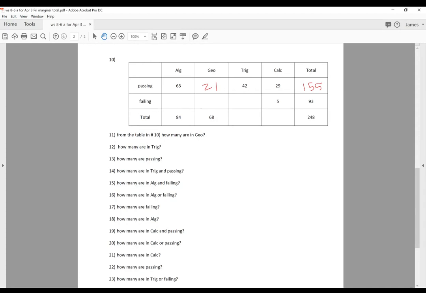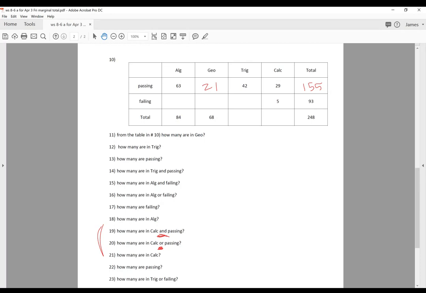I'm just going to do number 19, 20, and 21. Okay, how many people are in calculus and passing? So if you see the word and, that means you have to satisfy both conditions. If you see the word or on number 20, calculus or passing, that means you're counting both groups. So I'll explain in a minute.